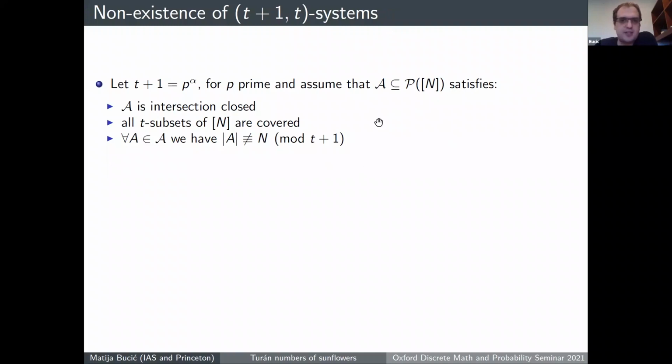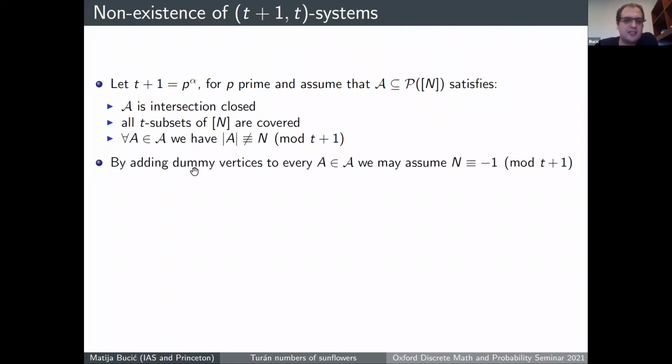So the first step is a relatively easy, technical thing to help us with the number theory that we want to do. We are going to add a fixed set of dummy vertices to every member of our family, and these will be new vertices. So they also increase the size of the ground set and the size of every set in our family.